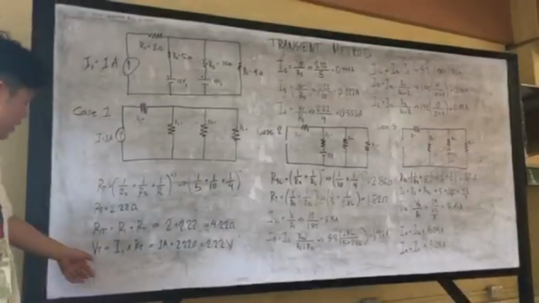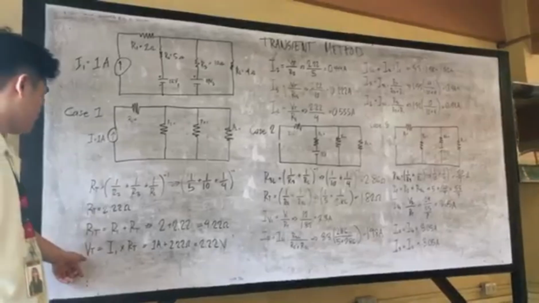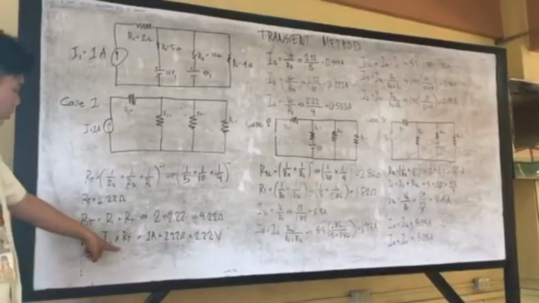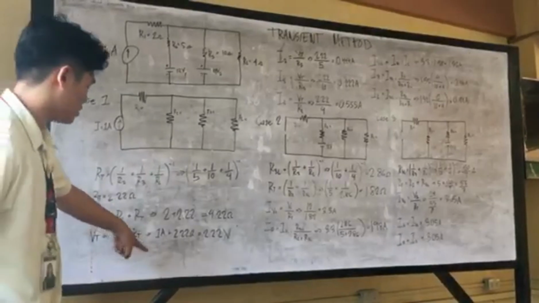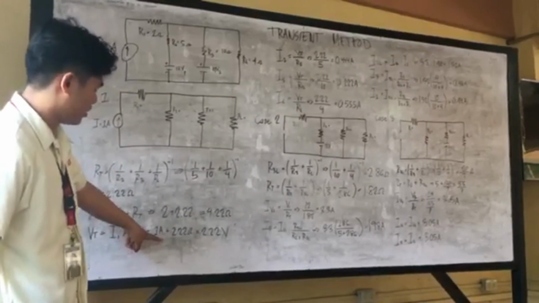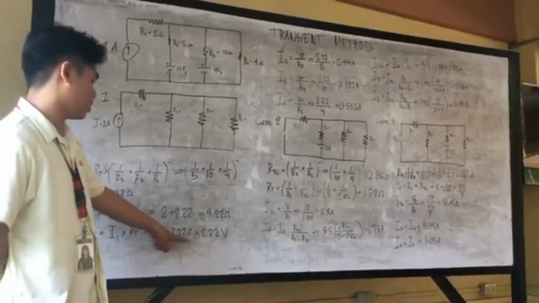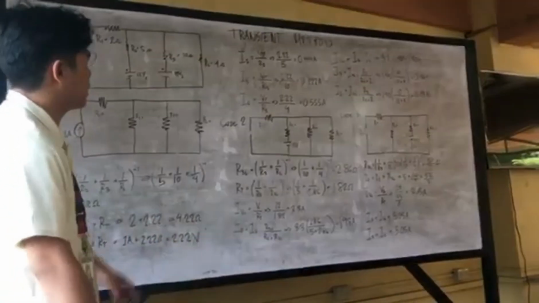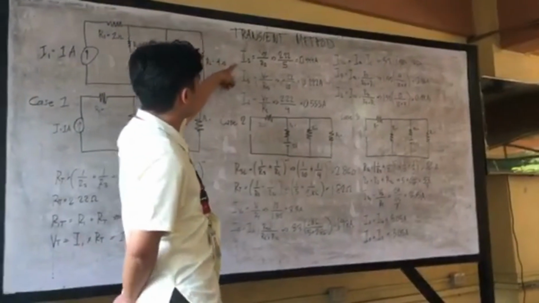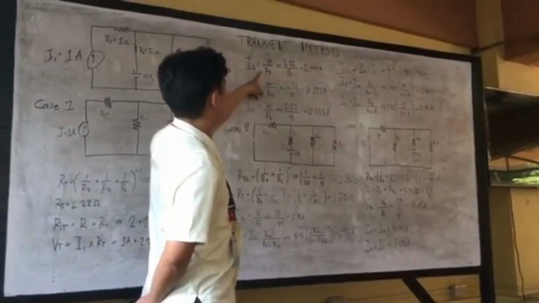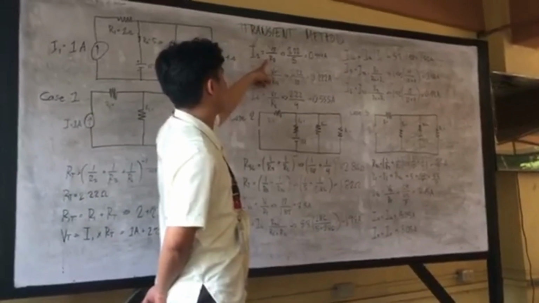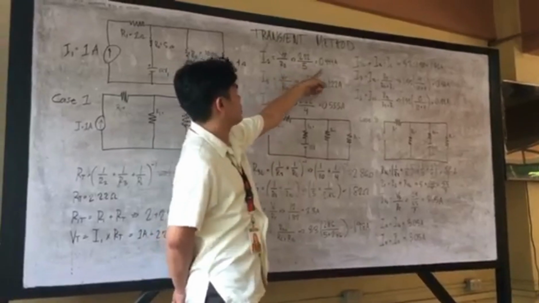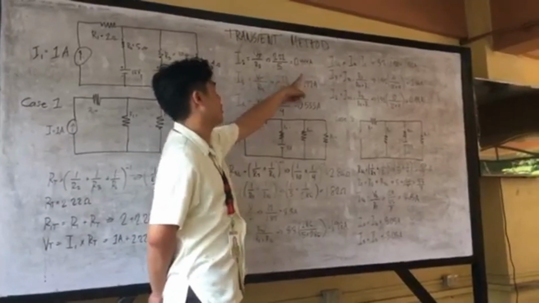Then for the P sub T, the formula would be I1 multiplied by RT, and substitute the values 1 amp times 2.22 ohms, and the answer would be 2.22 volts. Then here, I2, the formula for I2 is VT over R2, substitute the values 2.22 over 5, the answer would be 0.444 amps.